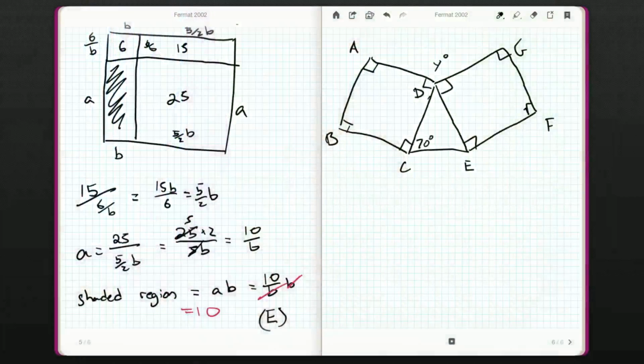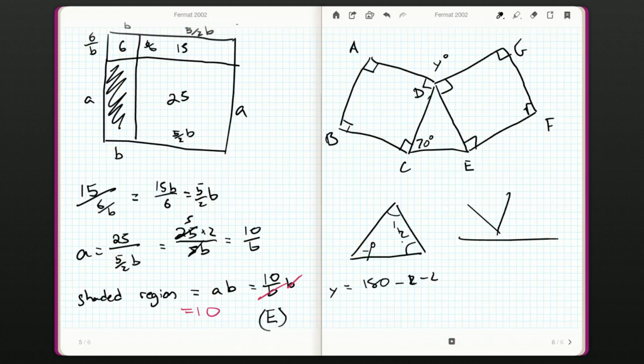Same if it's part of a line. So what you'll often see is, oh, well, turns out y is part of this triangle right here, and then we work out what this is and what this is, and it's 180 minus those two things. Or maybe it's part of a line, and we can work out these angles here, and then y is 180 minus. So that's the sort of thing I look for when I do questions like this.